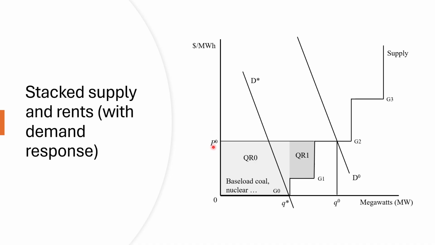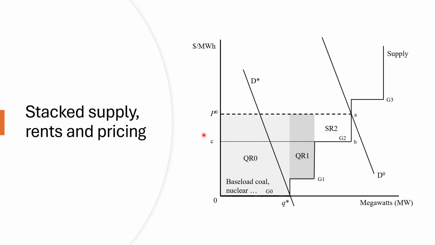But assuming the price is P0, the baseload generators will then earn a quasi-rent or producer surplus, if you like, of QR0, and generator G1 would earn a quasi-rent producer surplus given by QR1.